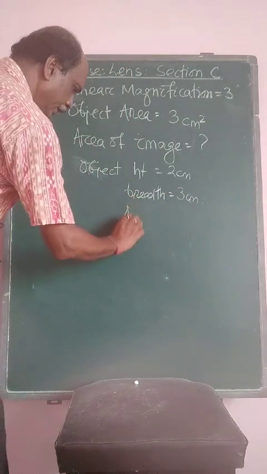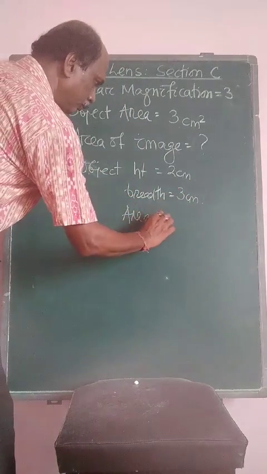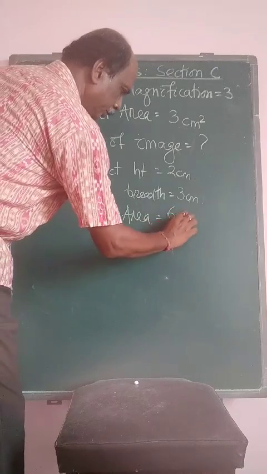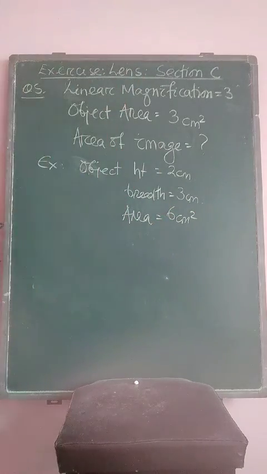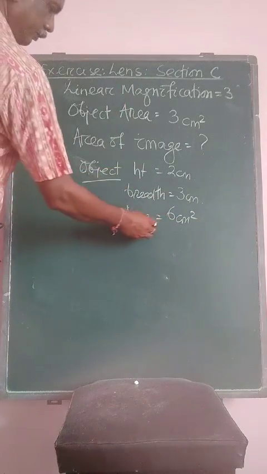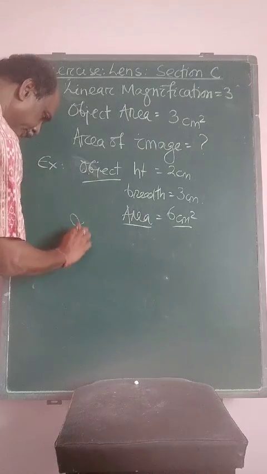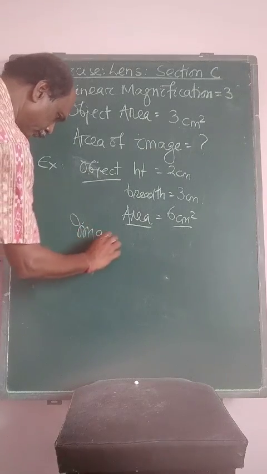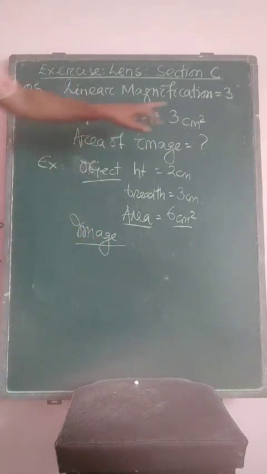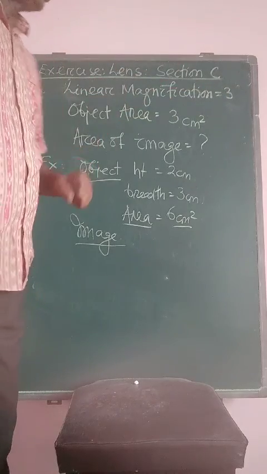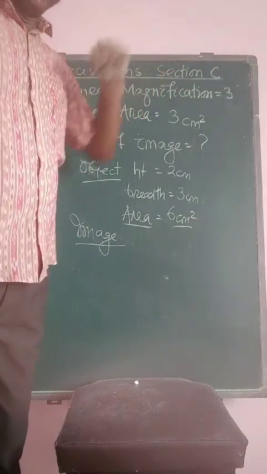So what is the area? Area is 6 cm square. So the object has area 6 cm square. Now the image. Linear magnification is 3. That means image size will be 3 times.